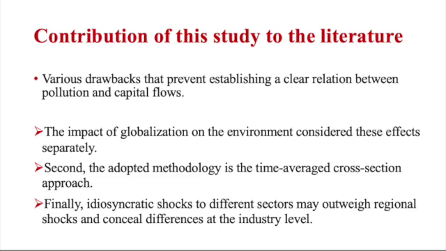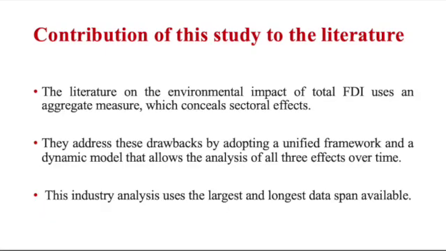Second, the adopted methodology is the time-averaged cross-section approach, which is inadequate to analyze a dynamic phenomenon such as greenhouse gas emissions with little or no reversion. Finally, idiosyncratic shocks to different sectors may outweigh regional shocks and conceal differences at the industry level, which could explain the reason behind the inconclusive results in the literature. The literature on the environmental impact of total FDI uses an aggregate measure, which conceals sectoral effects.